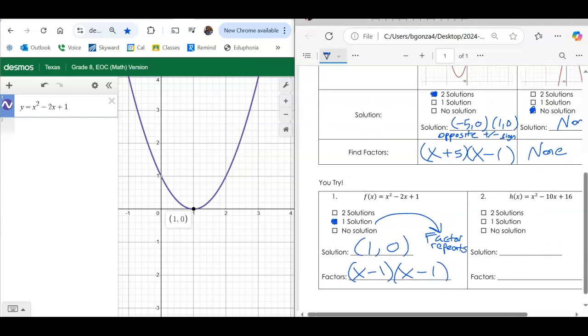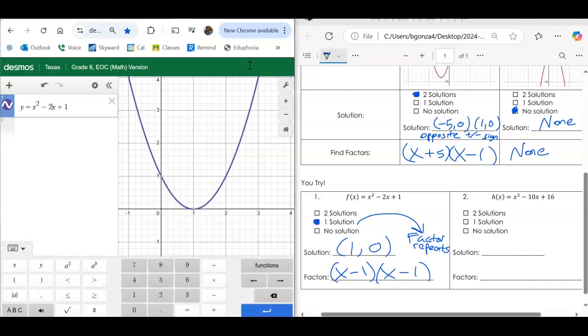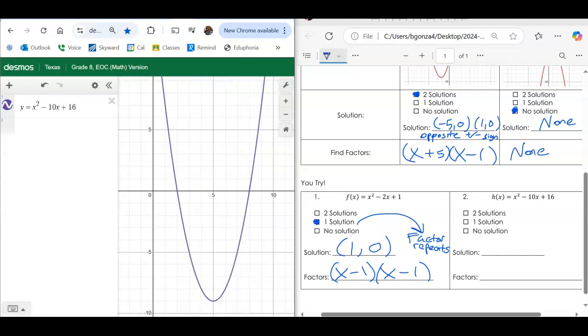Now, last one real quick and I'll be done. Let's go ahead and type in x squared minus 10x plus 16. So here's number 2 at the bottom. I graph it. I see that it crosses twice. 2 solutions at 2, 0 and 8, 0.